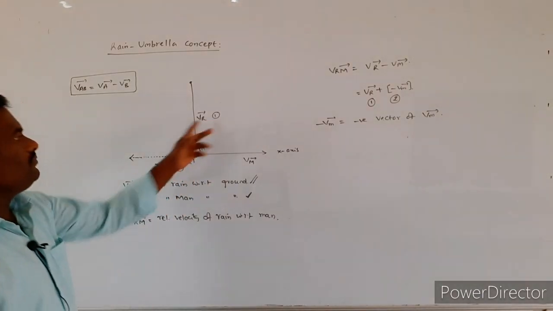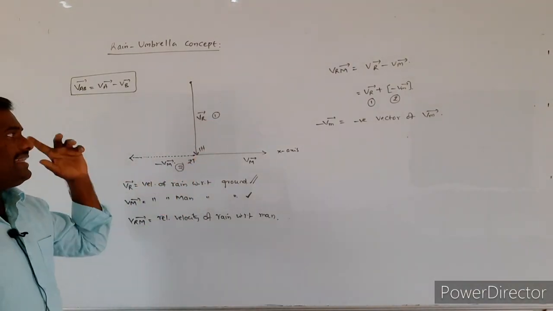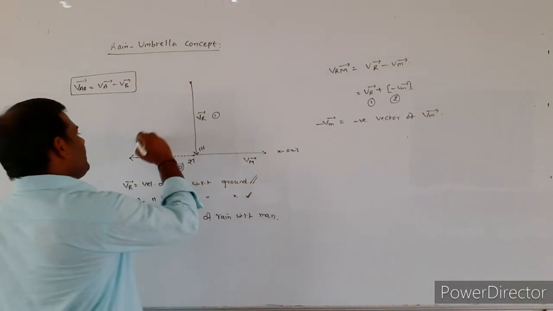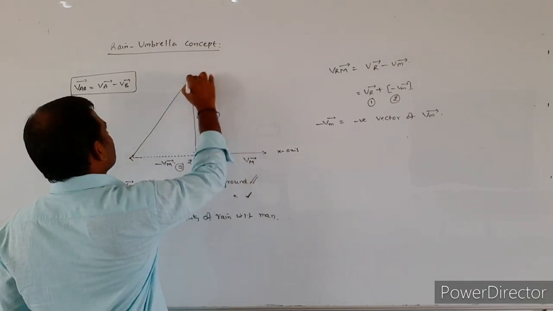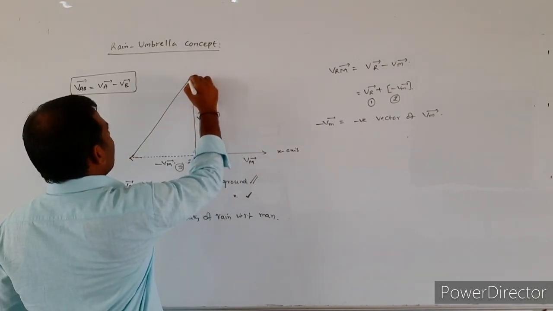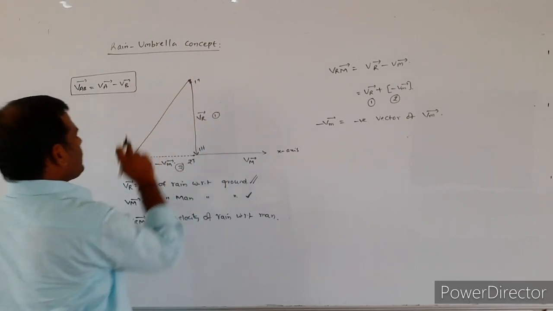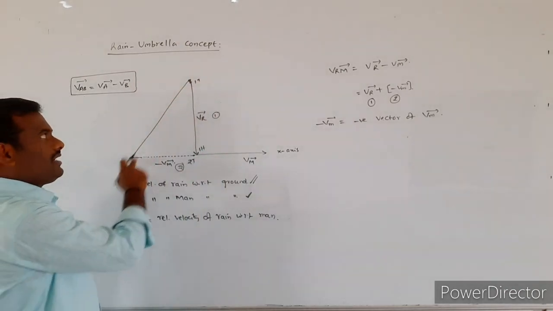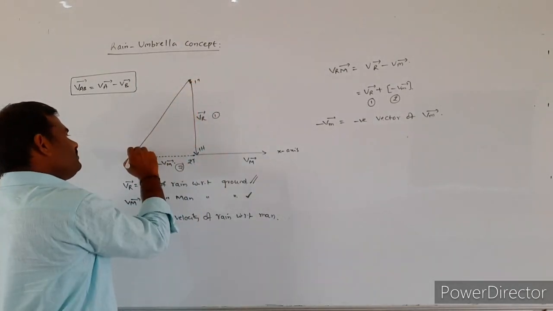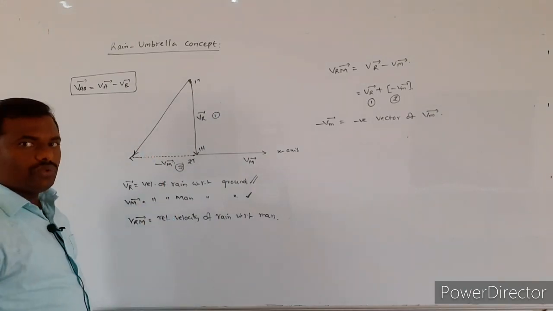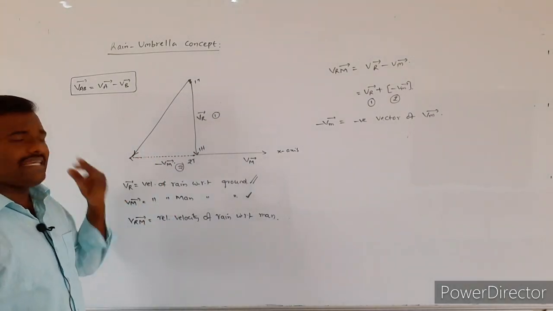Now we will add them by the graphical method. By the graphical method, the resultant vector will be drawn from where to where? Tail of the first vector to the head of the second vector.